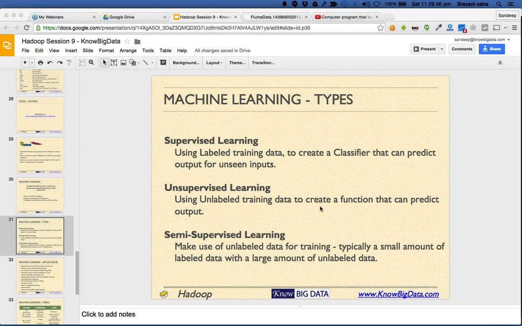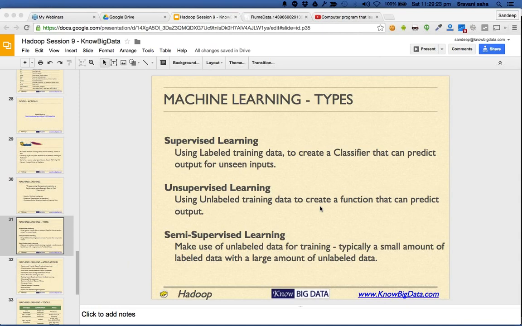Now, there are various kinds of machine learning. One is supervised, where there is labeled training data, and we basically say that this is a good email, this is a spam email, this is a bad email. So we know what is good and what is bad, and then we give that data to the algorithm, it understands that, and then it starts the prediction, or it starts classifying.